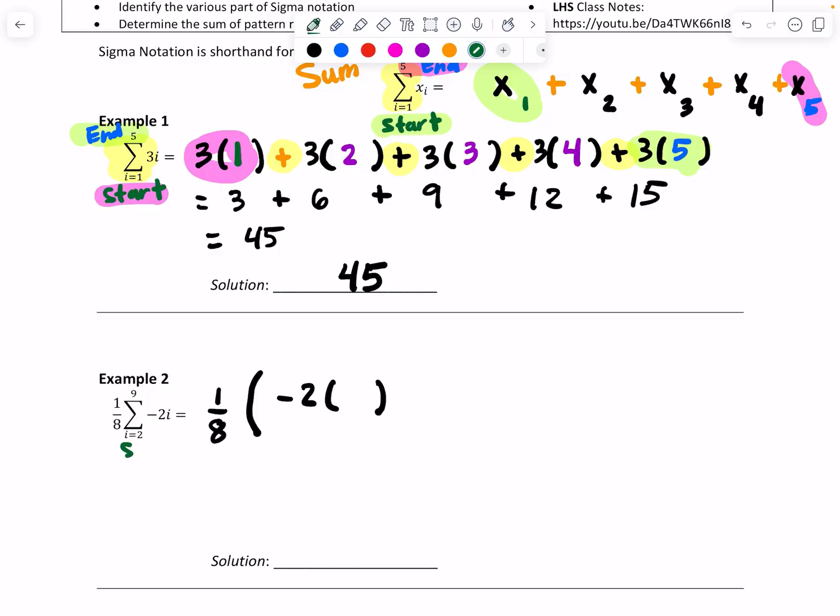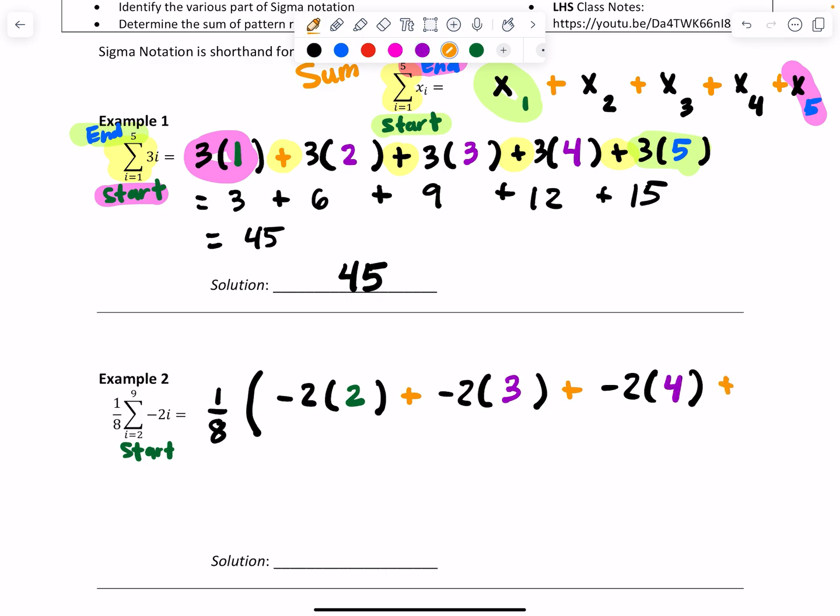Remember, start at this number, starting at i equals 2, and then we're going to add my next term: -2 times, this time i equals, it was 2, count up, so 3. And we're going to add -2 times, I'm just going to keep counting, 4.